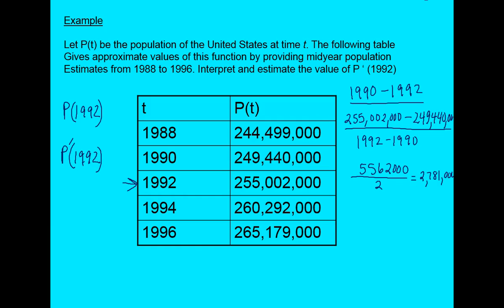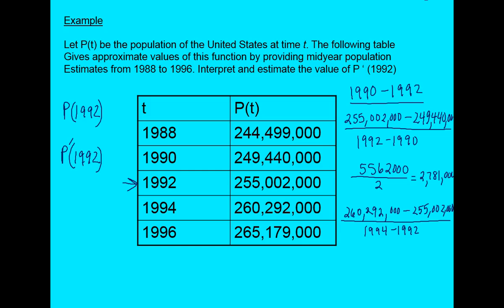If we found the slope of the secant line from 1994 to 1992, we would have 260,292,000 minus our 255,002,000 divided by 1994 minus 1992.